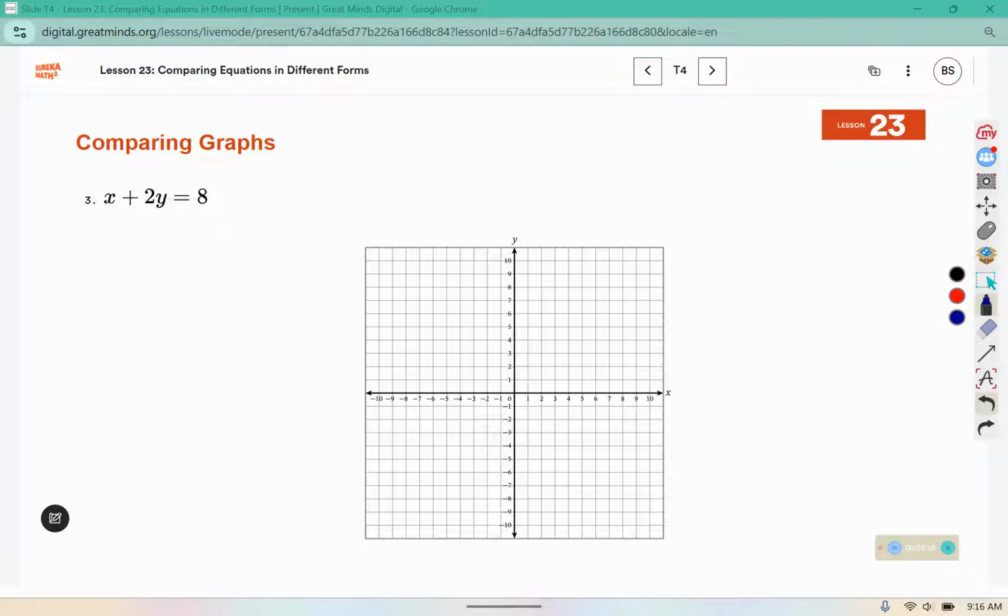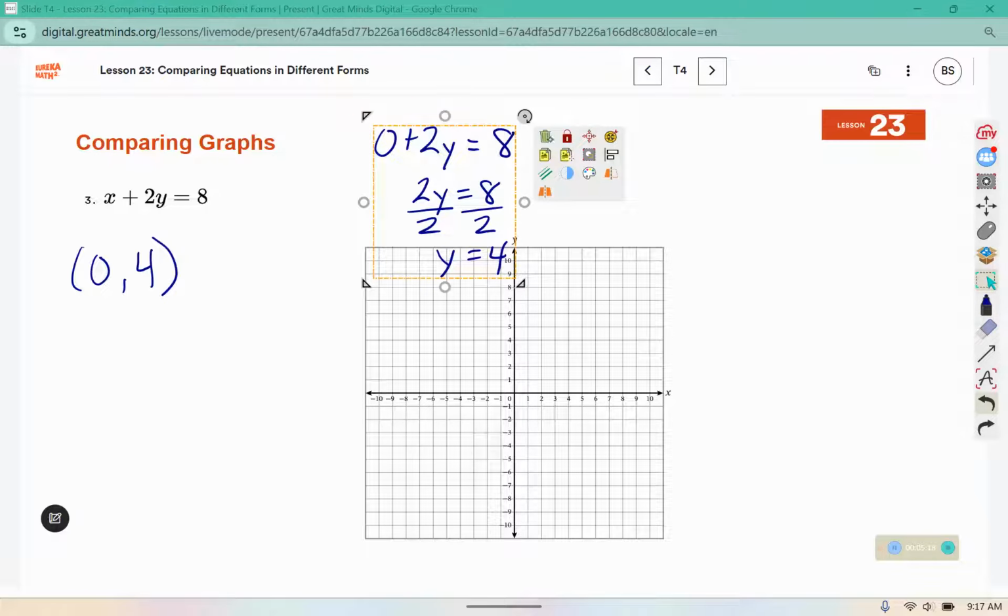For this one, usually in standard form, we'll use what's called the zeros of a line. So we'll plug in 0 for x and solve it for y. Divide both sides by 2, and we'd end up with y equals 4.